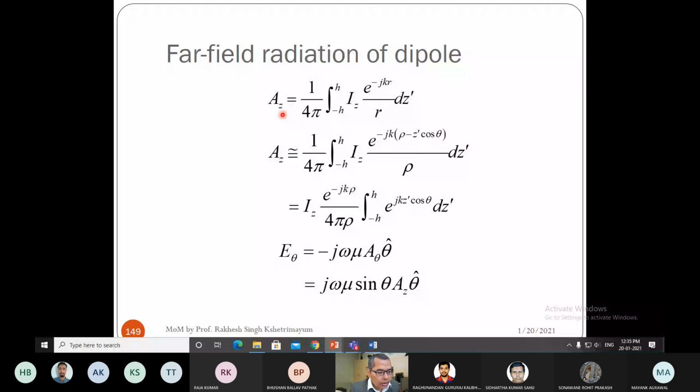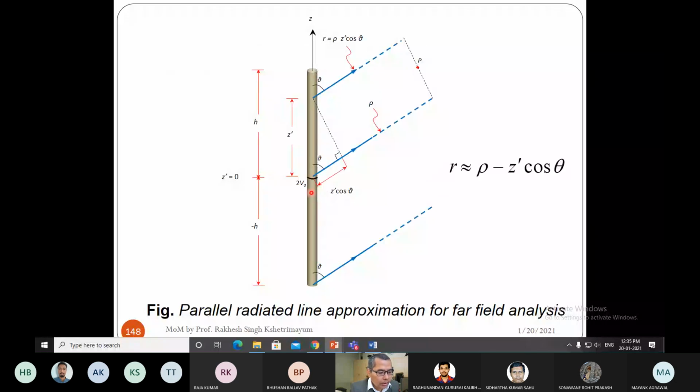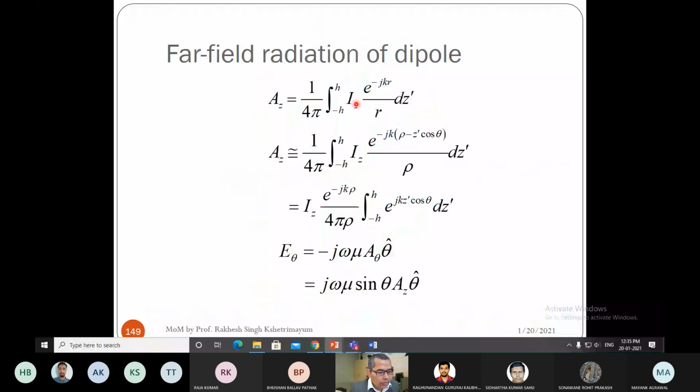So look at this. The dipole is a metal wire antenna, so you can assume that current is flowing in this wire antenna along the z axis. Magnetic vector potential also follows the direction of current density, so Az would only have a z component.